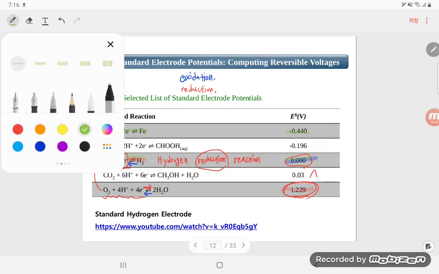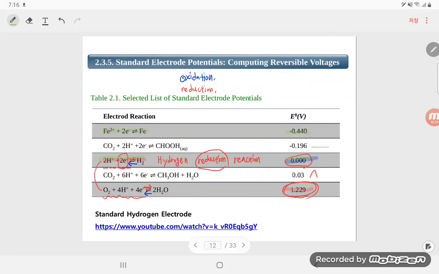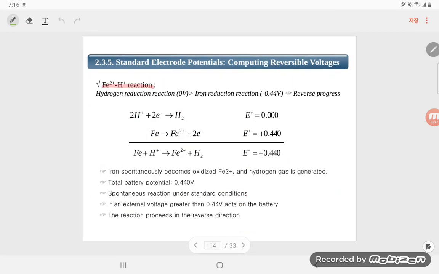Then which electrode has higher electrode potential? In here, 0 is larger than minus 0.44, right? So this reaction happens in the forward, and this reaction happens in the reverse direction. Oxidation and reduction happen.